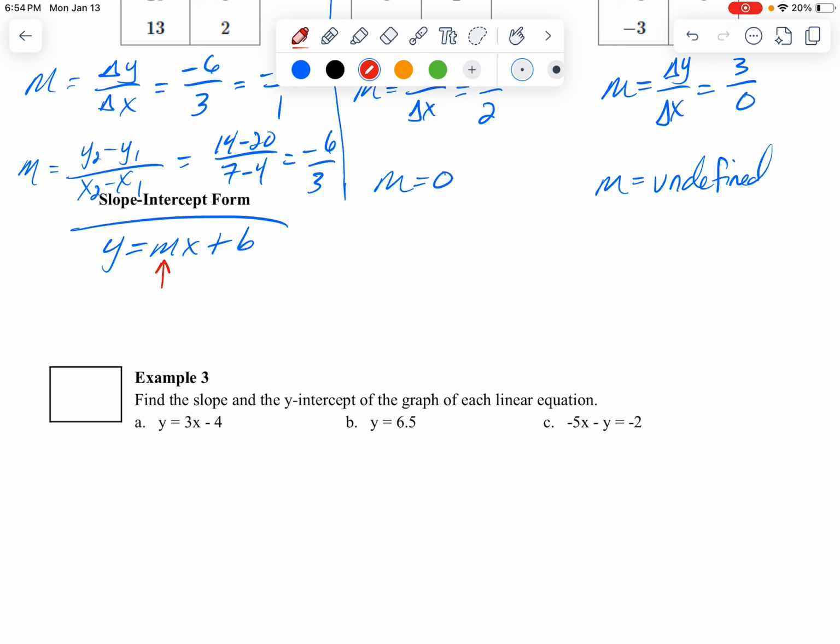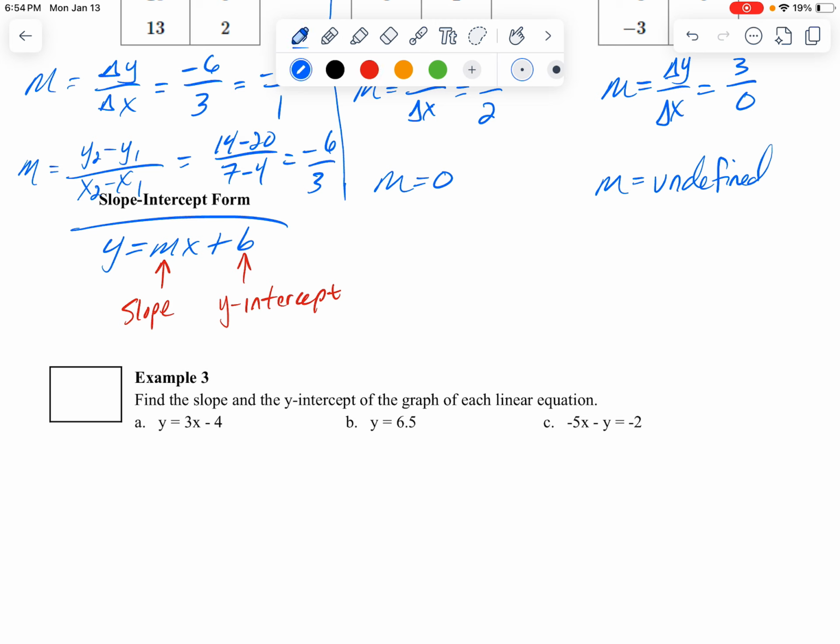In slope-intercept form, the reason it's called slope-intercept form and the reason it's a nice form is because it's easy to plot a graph from this form. In this form, whatever that value of m is, this is your slope. So if it's in this form, you don't have to do any calculation. You just have to say, what is that value of m? In this b, this is your y-intercept. Right? That's where the line crosses the y-axis. So those are really nice to have.